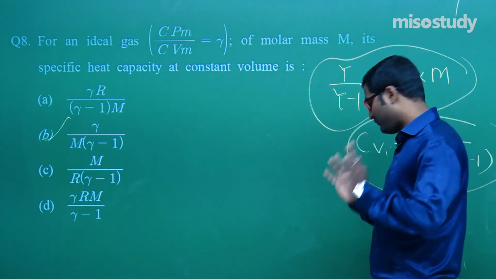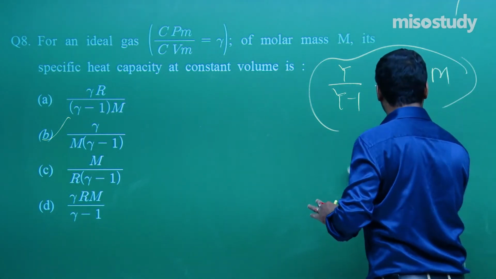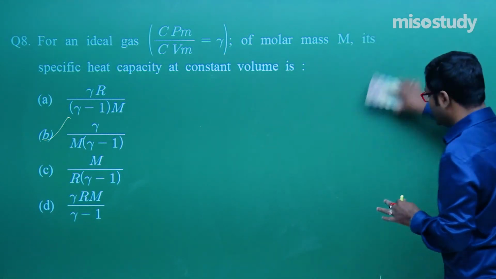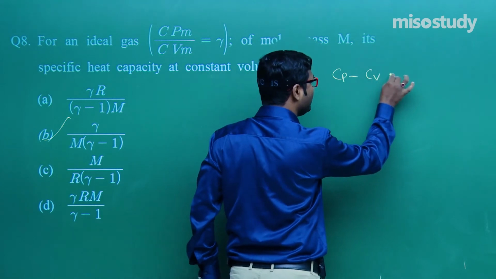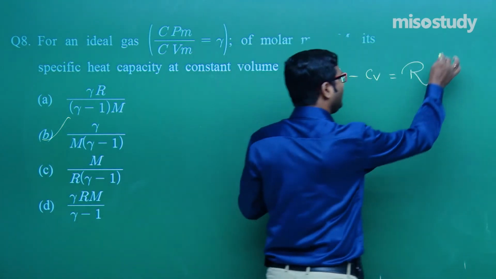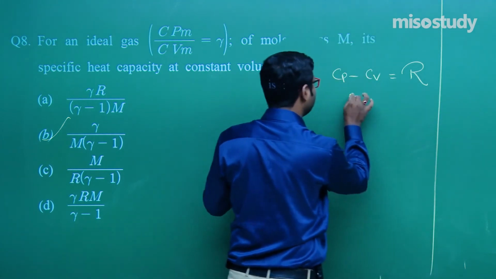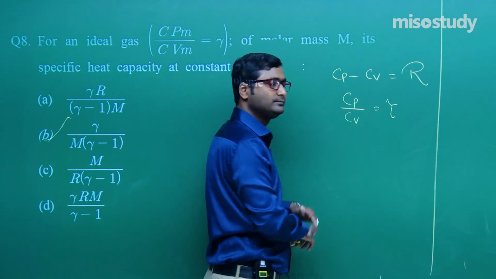Clear to you? If you know how to solve, then you can easily solve. Again I am repeating: if you think that I am skipping, no, I am not skipping. This is very easy. Cp minus Cv is equal to R, and we can easily write Cp upon Cv is equal to gamma.